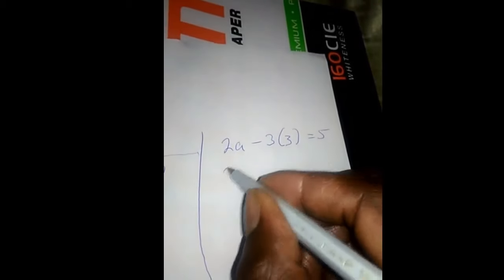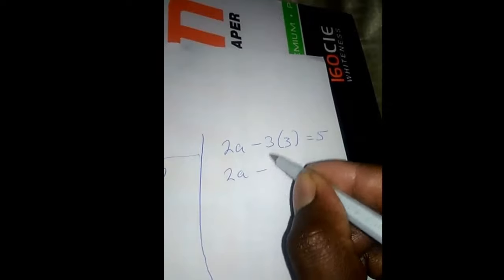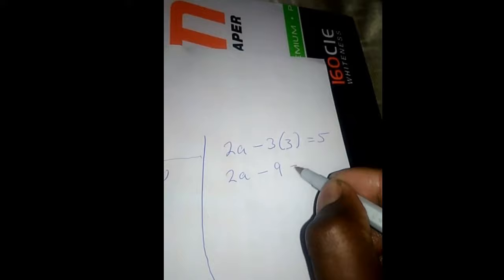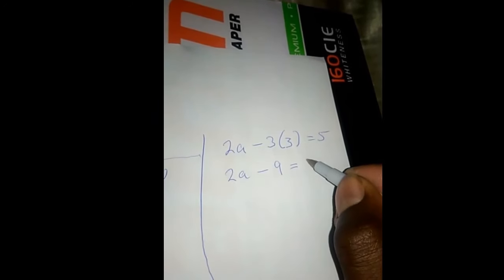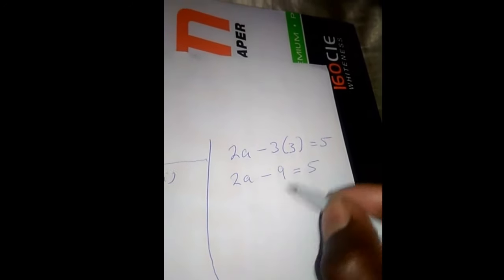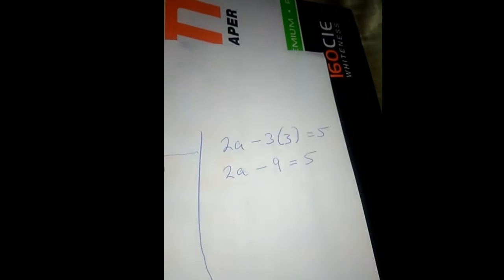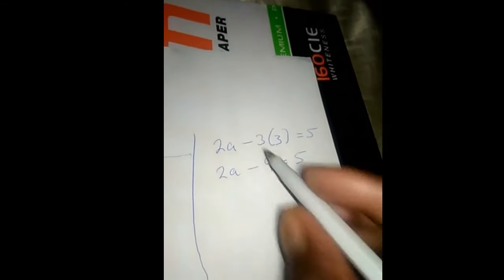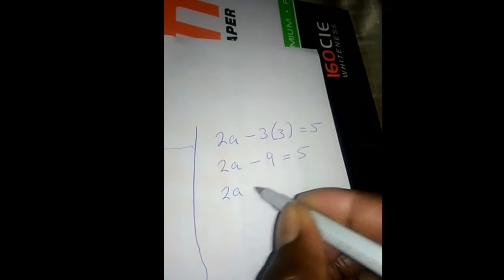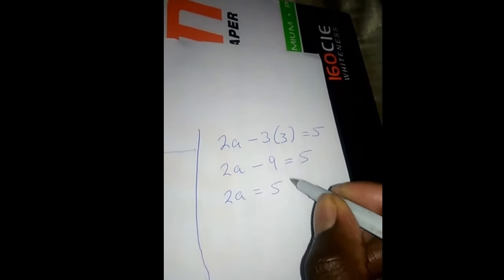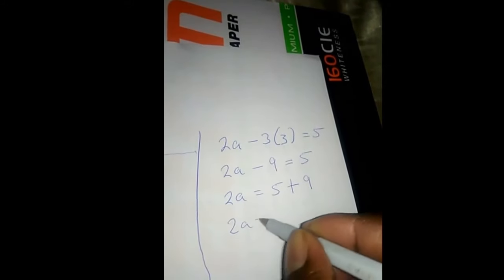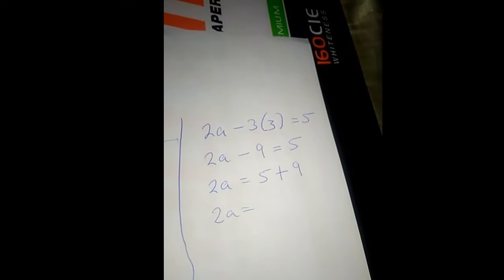So we are saying that 2a minus 3 times 3, that equals 9, equals 5 here. So basically we are going to collect the like terms, and I'm saying that 2a equals 5 plus 9, that's 14.